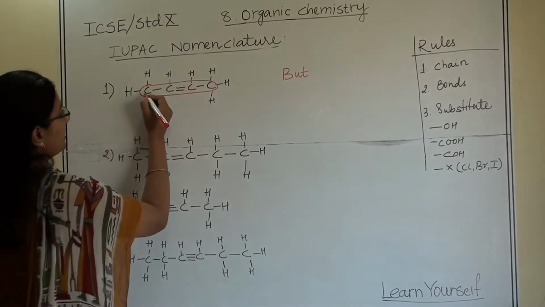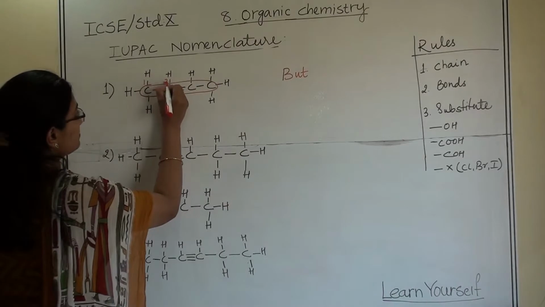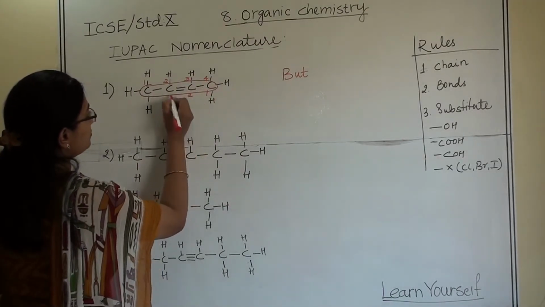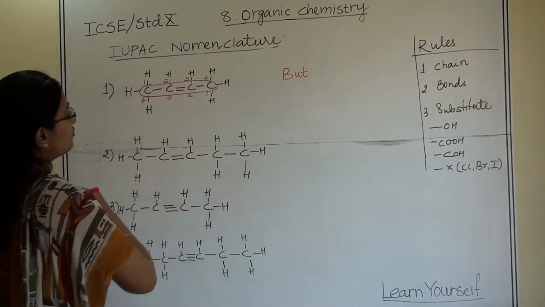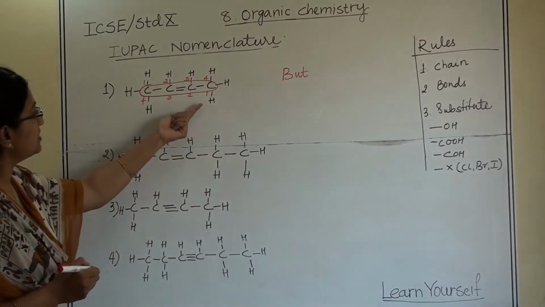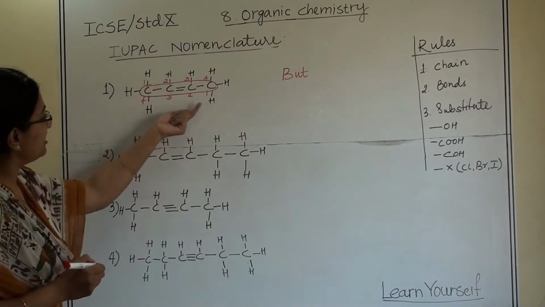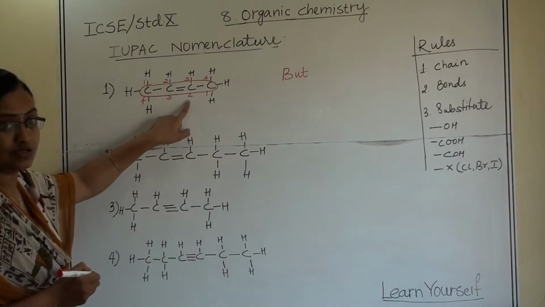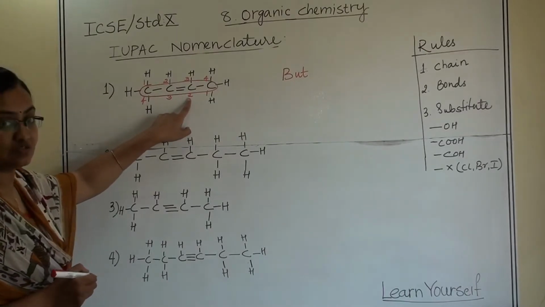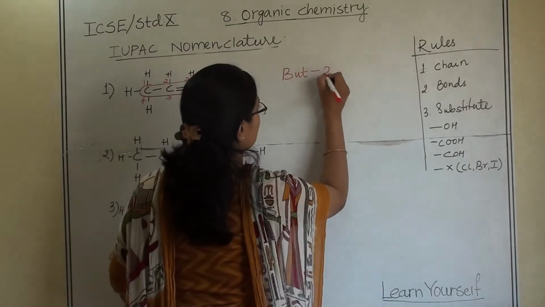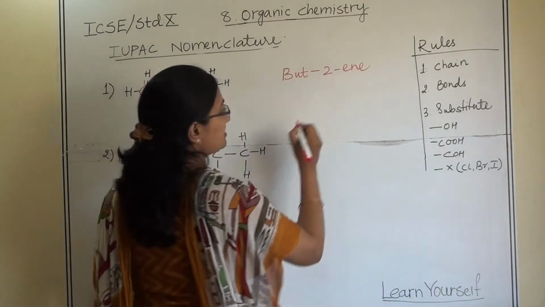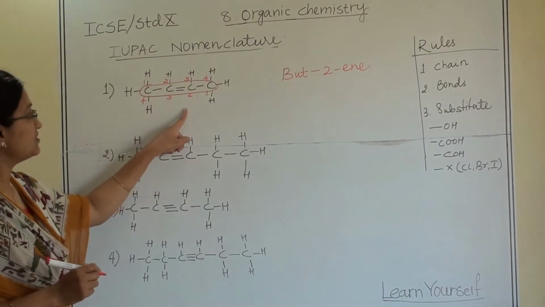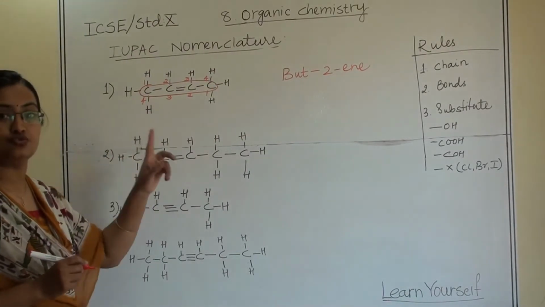Let us give the numbering 1, 2, 3, 4, and 1, 2, 3 and 4. When we are giving numbers from right to left and left to right, we got 2 numbers, 3 and 2. So 2 is the smaller one. So we are writing here 2 ene. Why have we kept ene? Because this is a double bond. So this is butene, 2 butene.